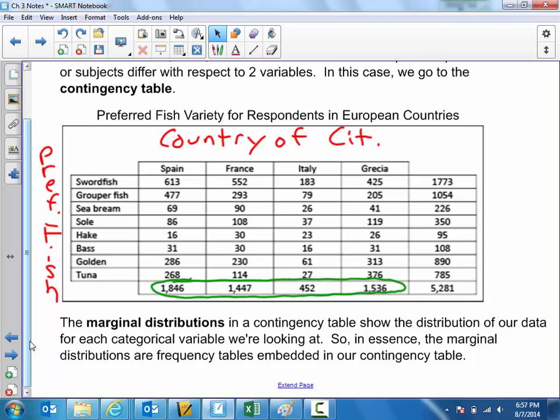So really, what I just circled in green is enough to make a frequency table for the variable country of citizenship.